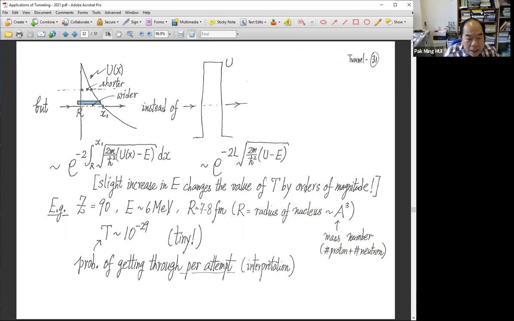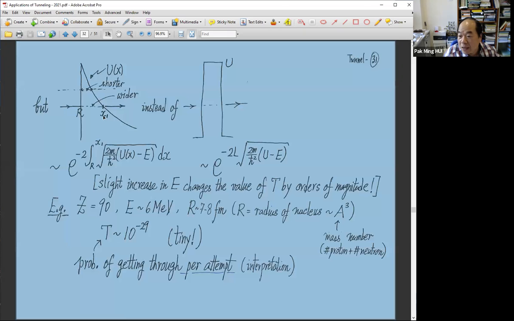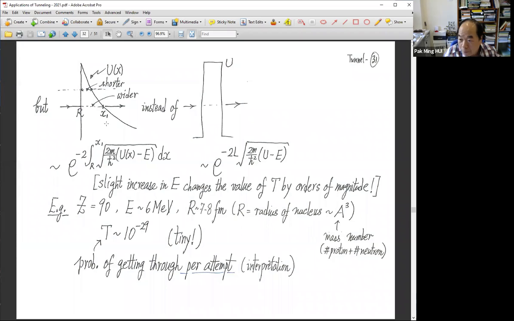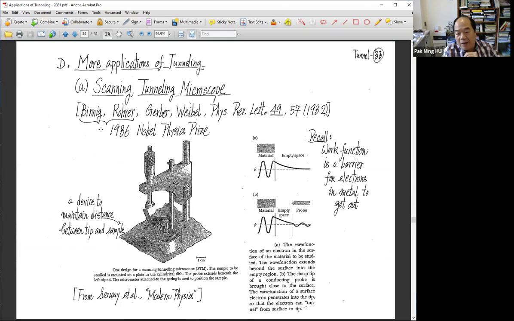If the kinetic energy is a little bit lower, then the lifetime is much longer, because of the exponential sensitivity of the tunneling phenomenon. Okay, so that is one traditional application in the early days of quantum mechanics to explain tunneling.